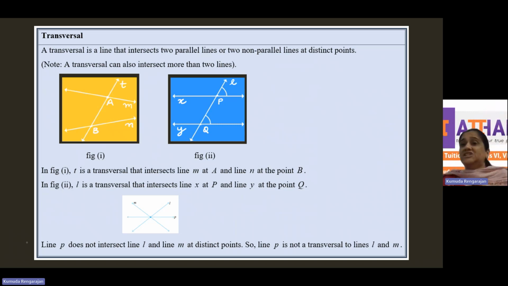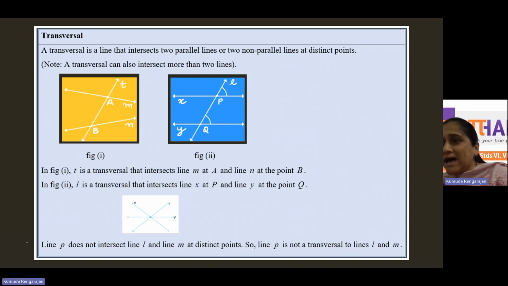But there is no other relation between them. Corresponding angles are not equal, alternate angles are not equal. Co-interior and co-exterior angles are not supplementary. They will not add up to 180 when the lines are not parallel.